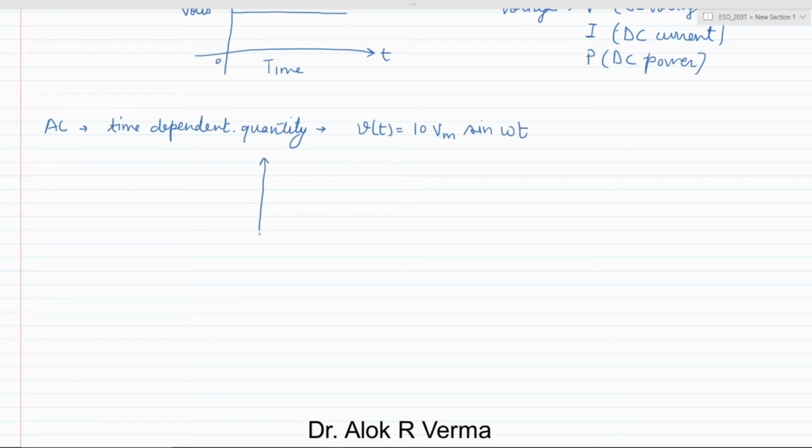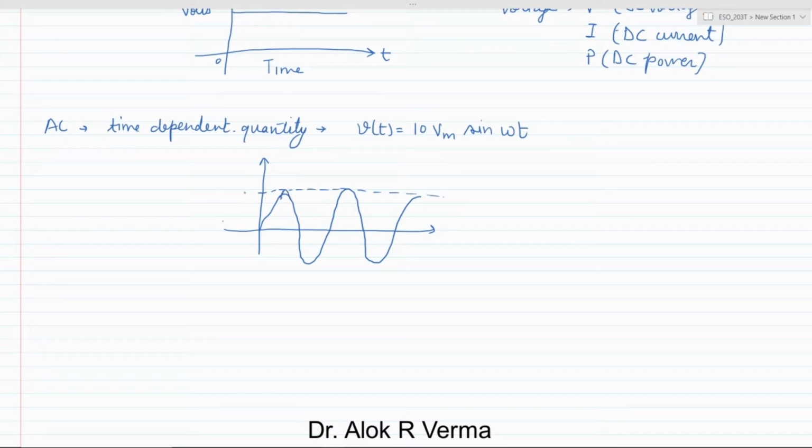If you represent this, you see the polarity will keep changing. This is a sinusoidal variation, right? This peak value is basically touching here. It is going this way.